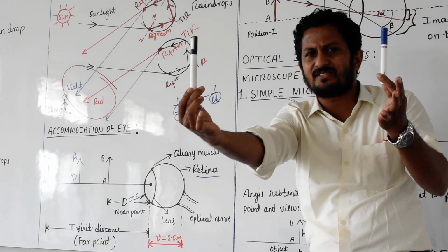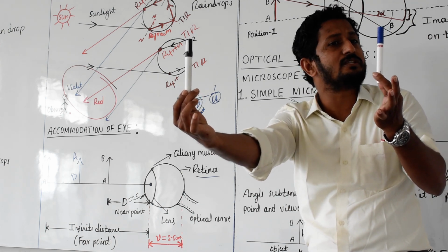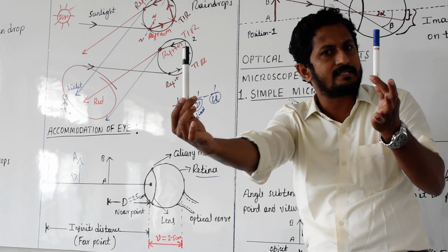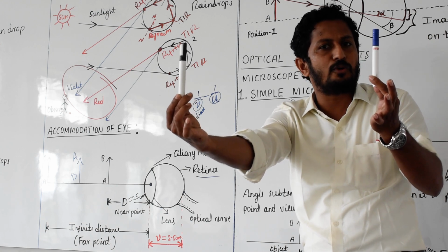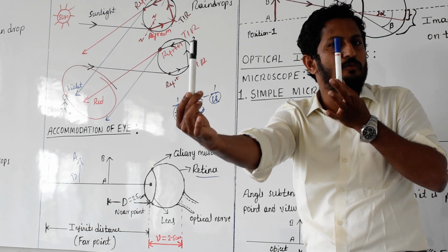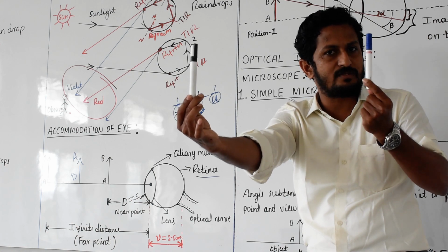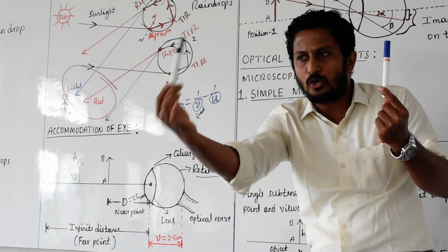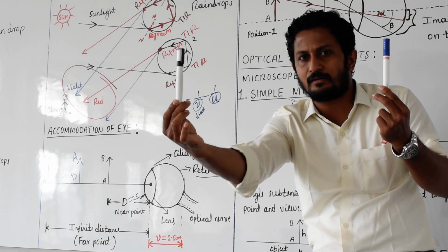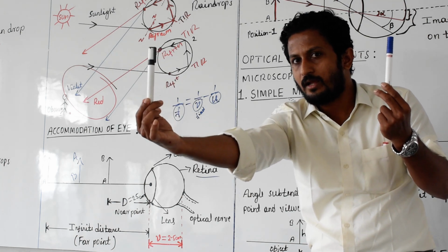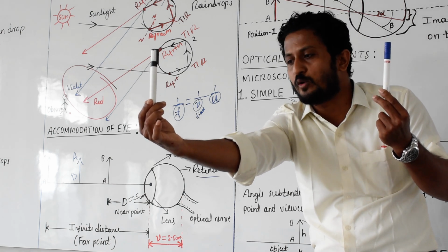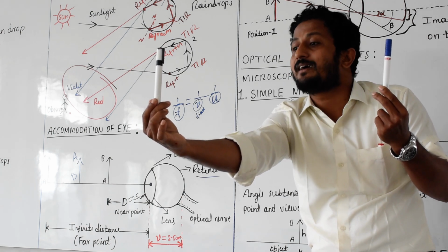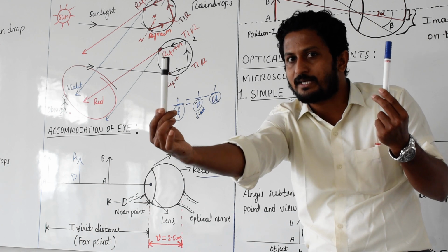But what is the difference here? When I look at this blue marker, it is close to my eye, so the object distance is less. This black marker is too far, so the object distance is more. U is greater in the black marker case.